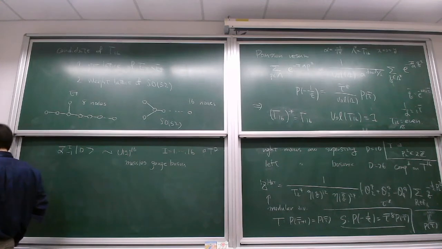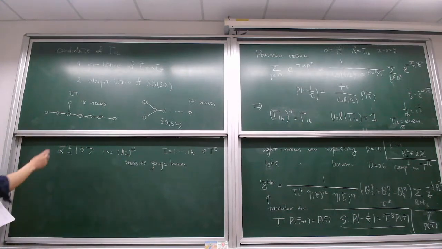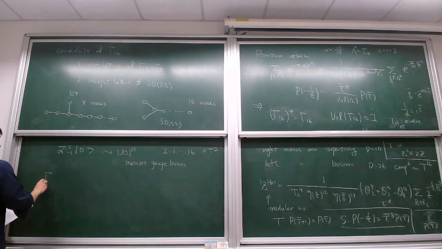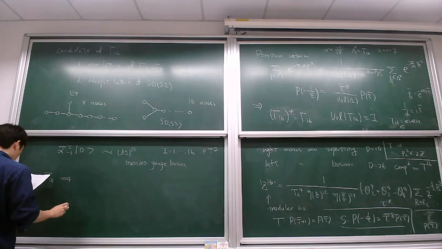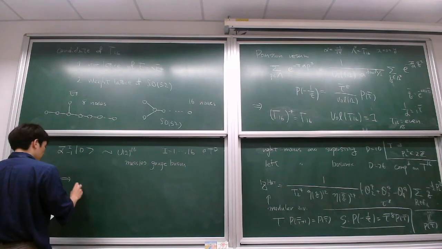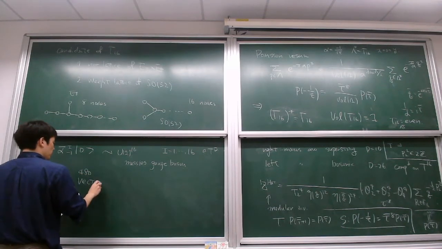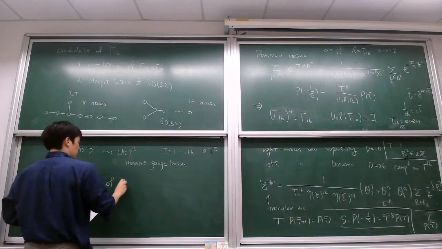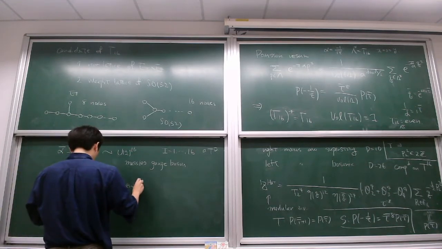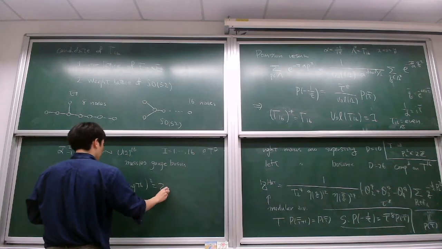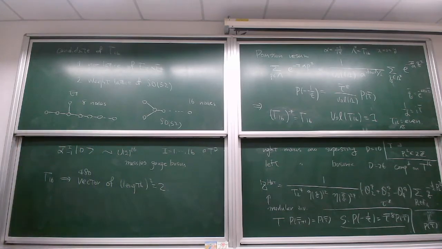And then, if you look at gamma 16, this will give rise to 480 vectors of length squared equal to 2.